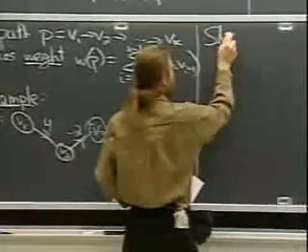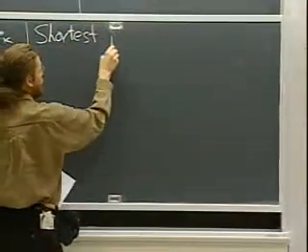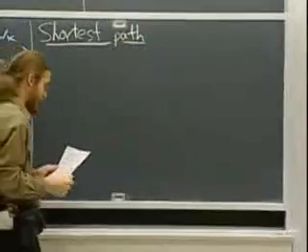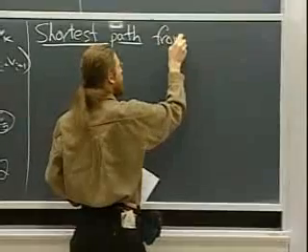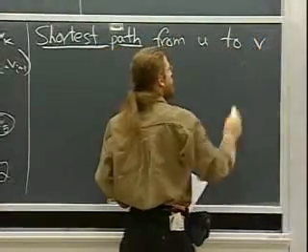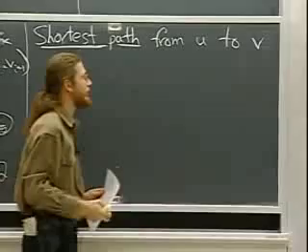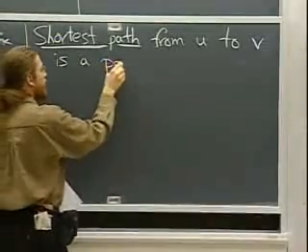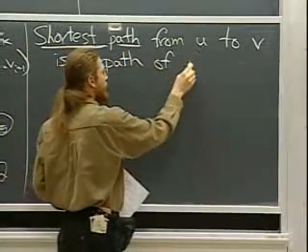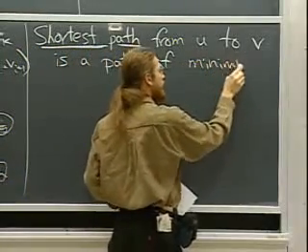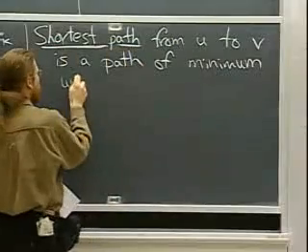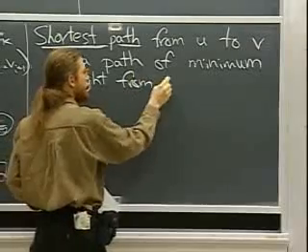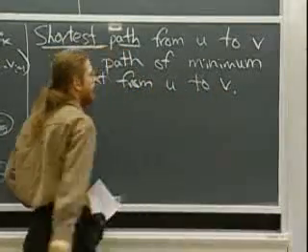And then what we care about is the shortest path, or a shortest path. Again, this may not be unique, but we'll still usually call it the shortest path. So we want the shortest path from some A to some B, or we'll call the vertices U and V. We want this to be some path of minimum possible weight, subject to starting at U and going to V. So that's what we're looking for.